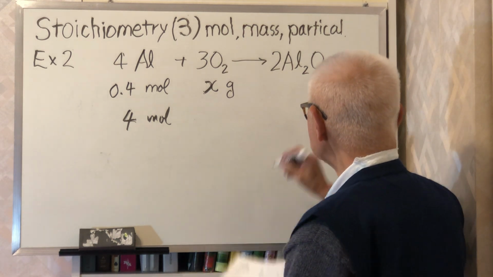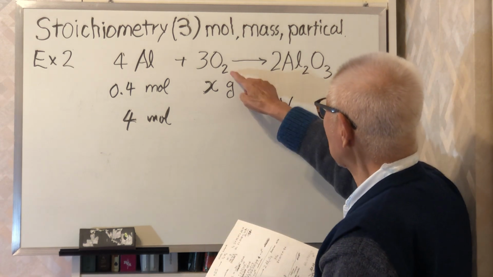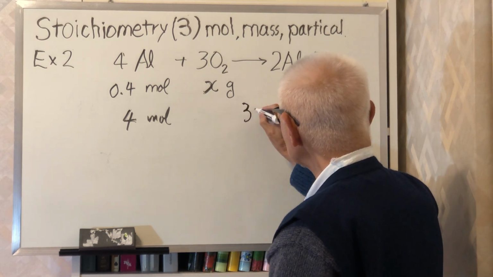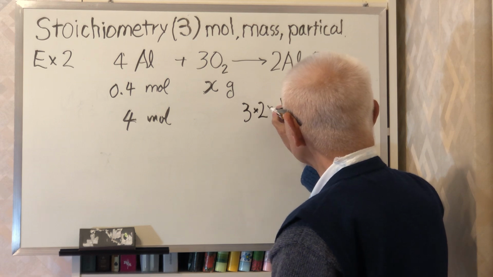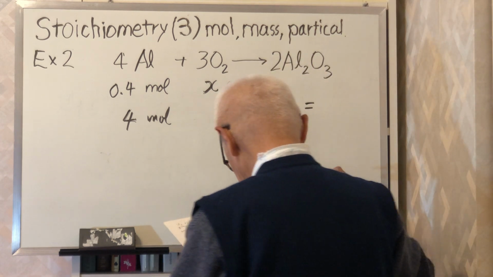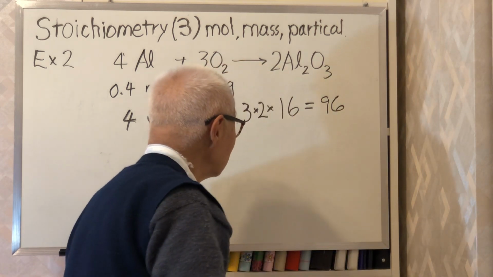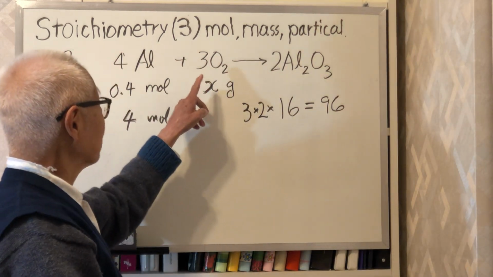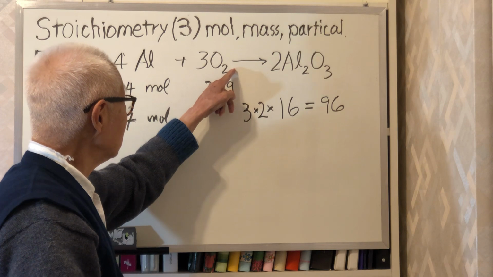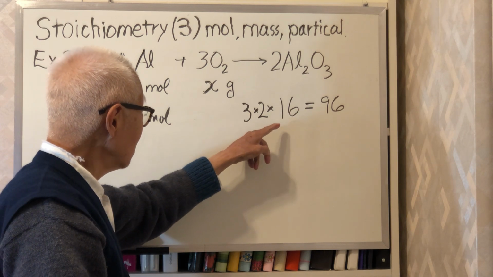The atomic mass of oxygen is 16. I have 2 here and 3 here, so I must multiply 3, 2, and 16.